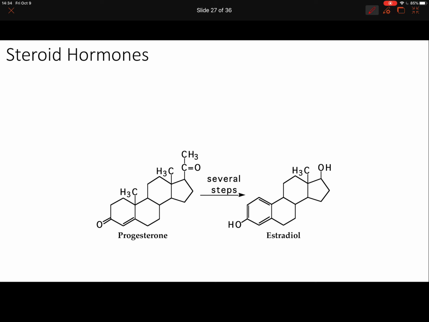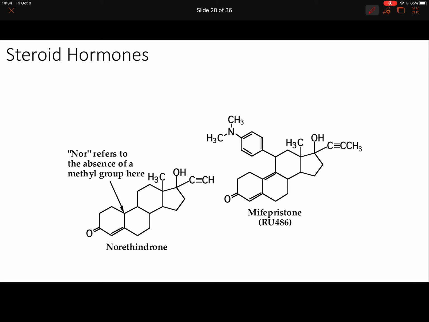Now, progesterone-like analogs, so compounds that look like progesterone, can be used as oral contraceptives. So here in norethindrone, nor just means the absence of that methyl group that is there in our cholesterol and in this other molecule.